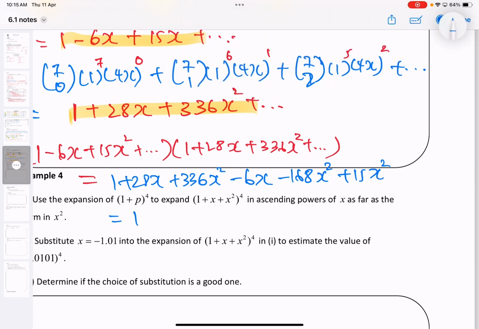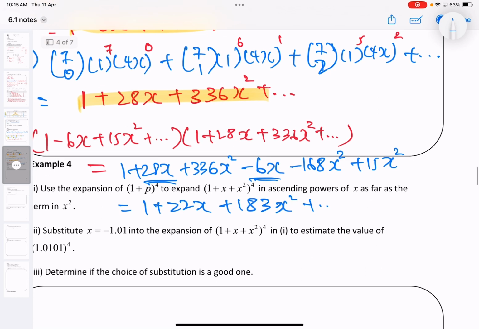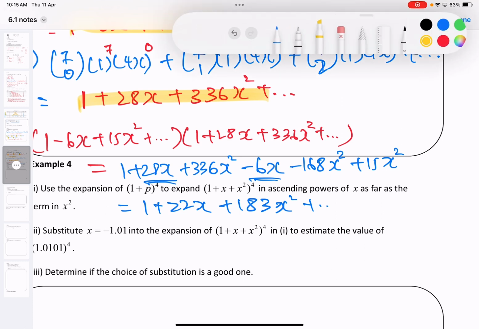So I'm going to get 1 plus, this is the x, this is the x, so 28 minus 6 gives me 22x. The rest are all x squared. So 336 minus 168 plus 15 gives me 183x squared. So this is the final answer over here.